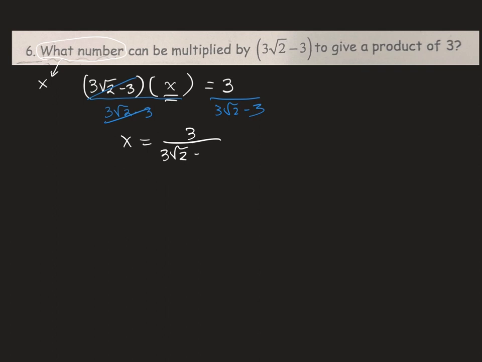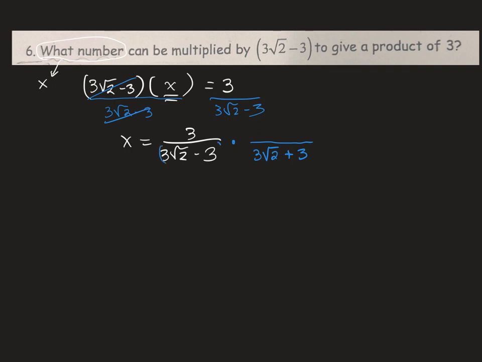And obviously they probably want this simplified. The reason this expression is not simplified is because there's a square root in the denominator, and that's not considered simplified. So to simplify it, we're going to multiply top and bottom of this fraction by the same thing, so we're not changing the value, but we're going to multiply it by the conjugate of the denominator.